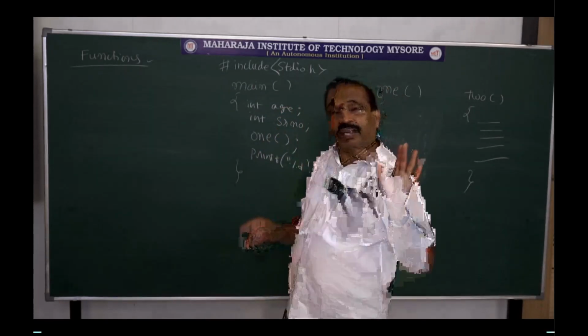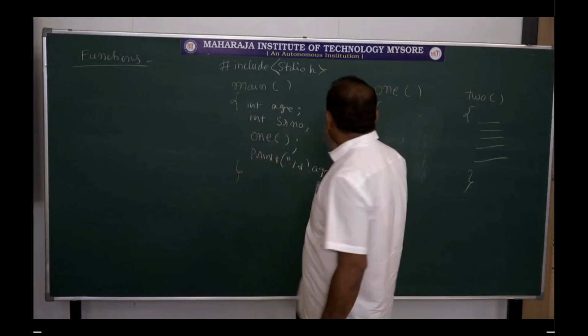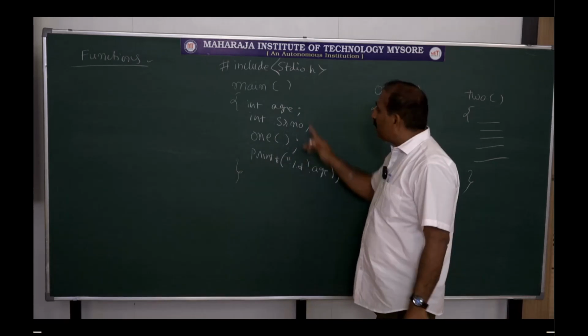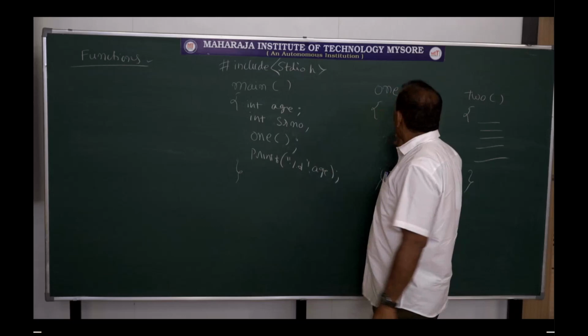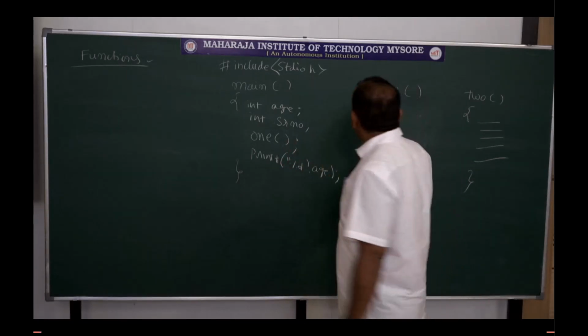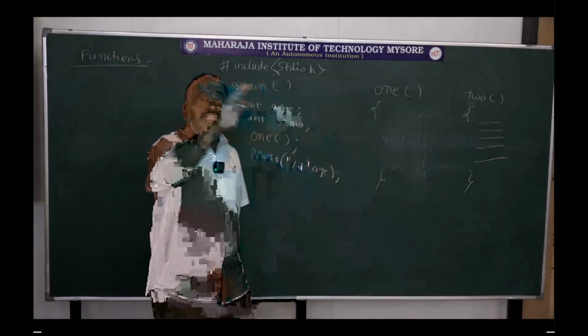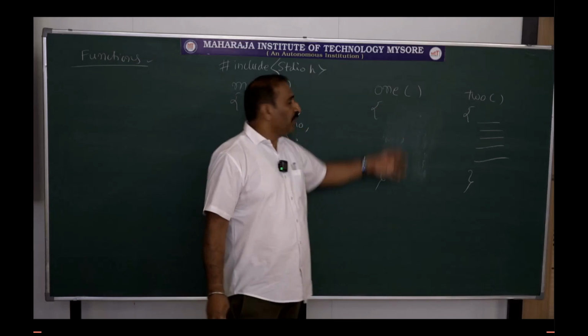First thing you have to understand, we will see that later. Right now you have to understand the variables that I have declared here are not valid here. You can declare any other set of variables of your choice here.